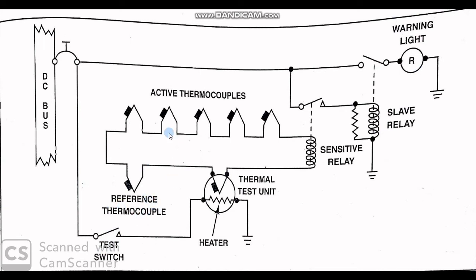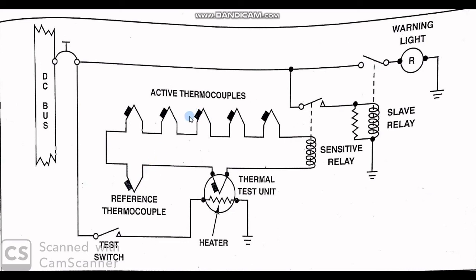Whereas when there is a fire, as we talked, the active thermocouples will sense that, and the reference thermocouple will sense somewhat less than the active thermocouples, because of the location of the reference thermocouple.